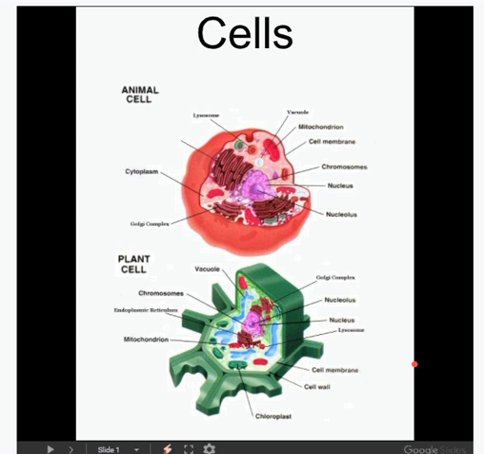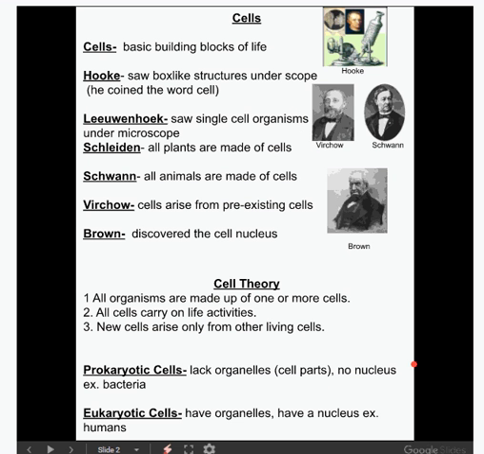So we're going to start out our study identifying some scientists. Now, there are a bunch of cell scientists on here. Cells, being the basic building block of life, were not always what we thought life was based upon. But it was the investigation and the study of living things done by Robert Hooke, who identified box-like structures using his own homemade microscope while observing cork.